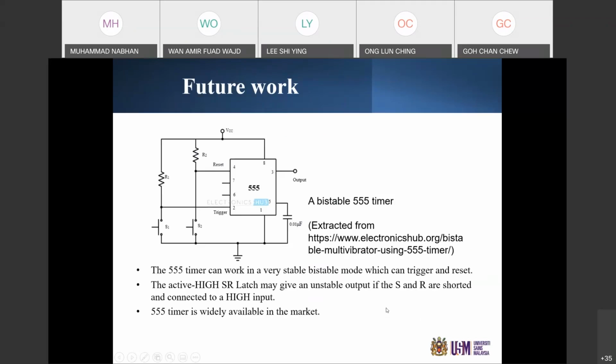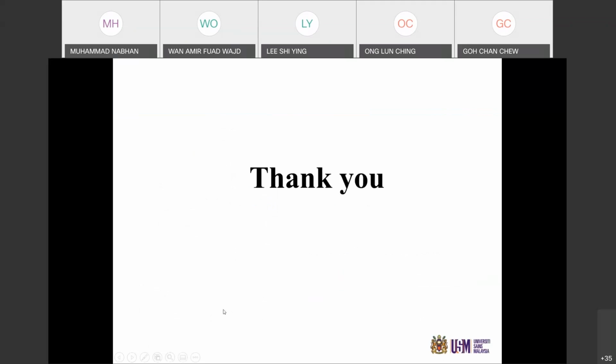So the SR latch is not stable when both of the inputs are high. The 555 timer is also widely available in the market, so you can purchase it easily. I think that's all from us, from Group 5, and thank you.